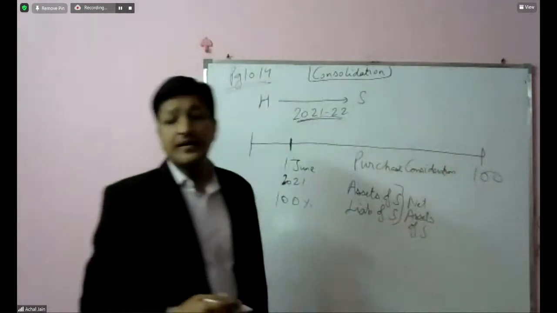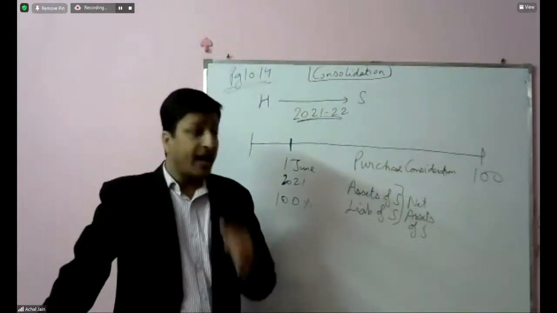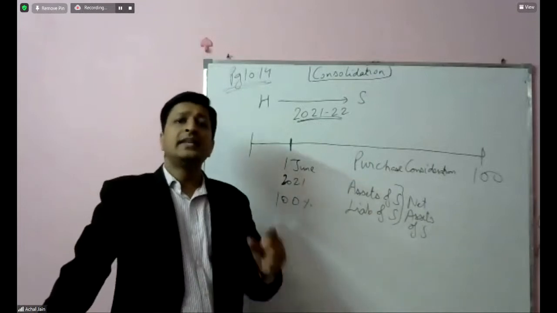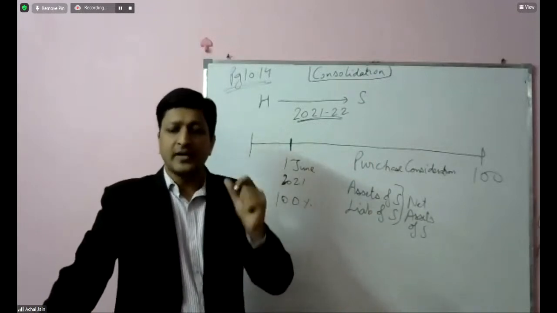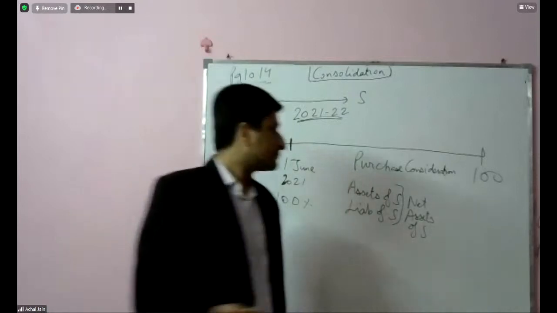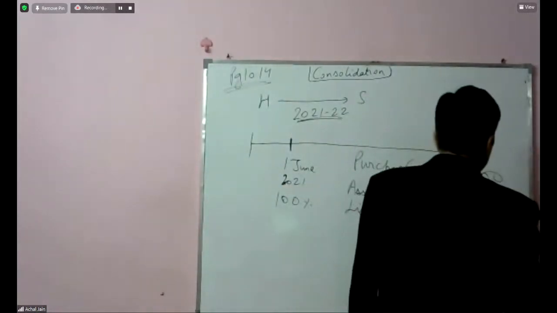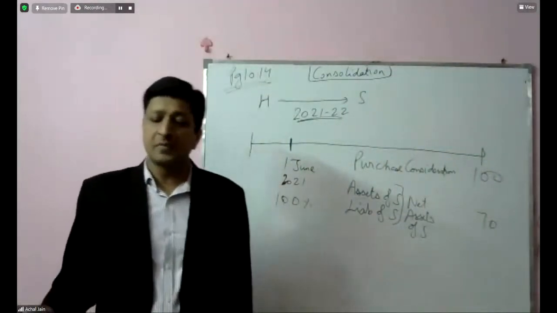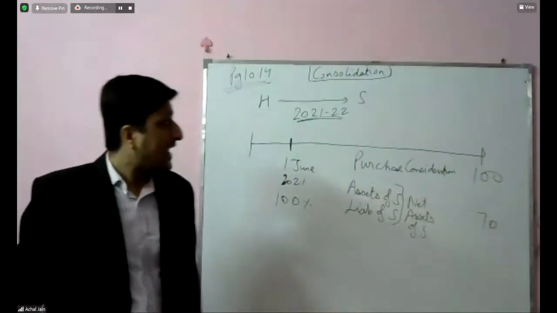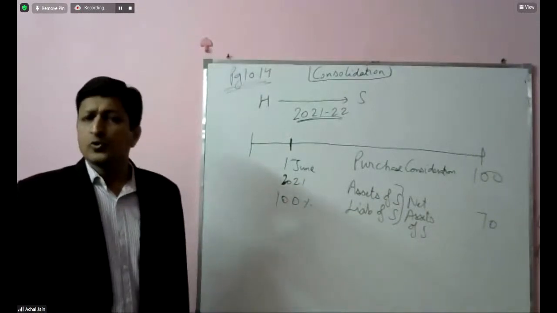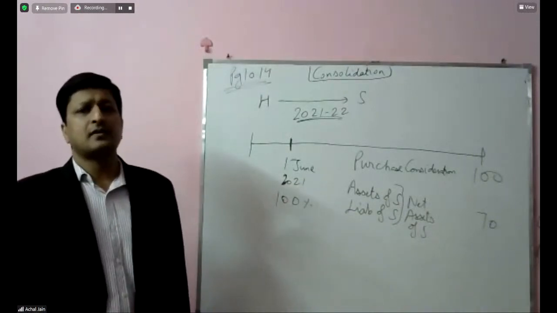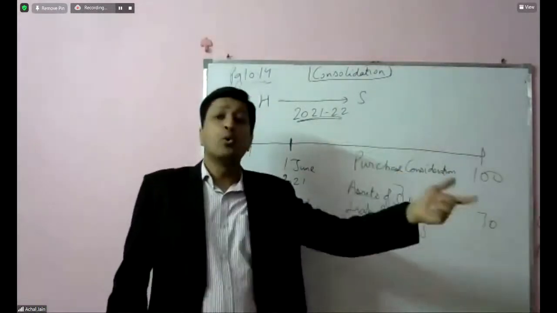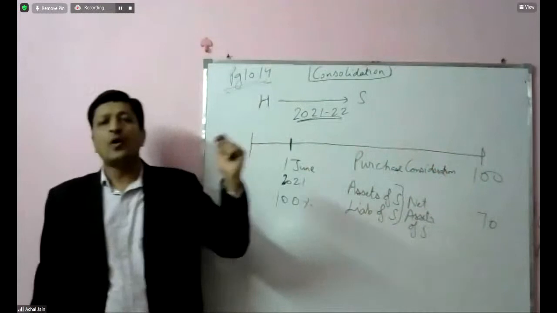And in return for this, H received net assets equivalent to 70 rupees. So now in this scenario, H has paid more than what's been acquired by H.